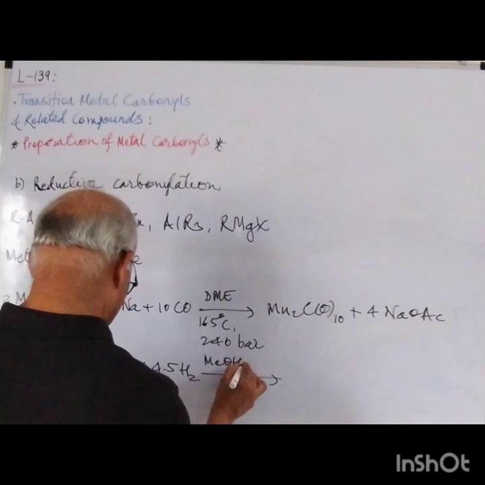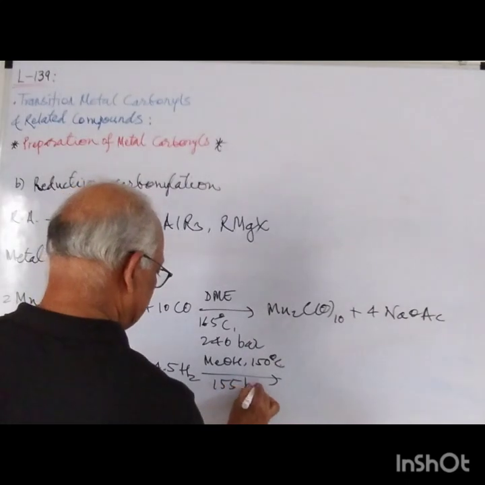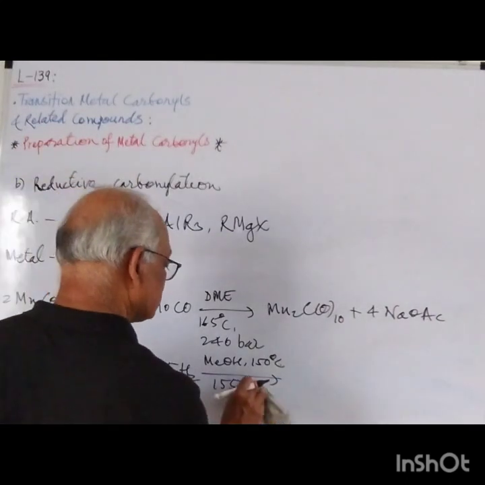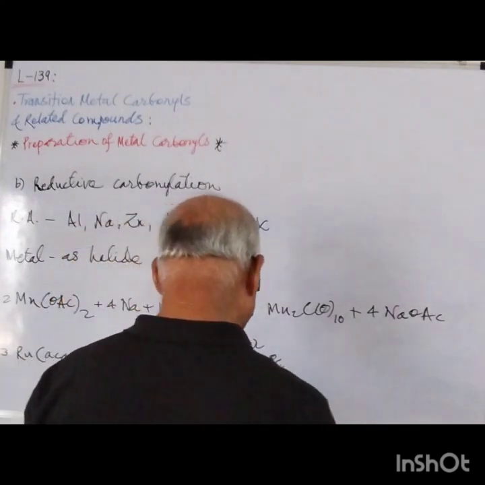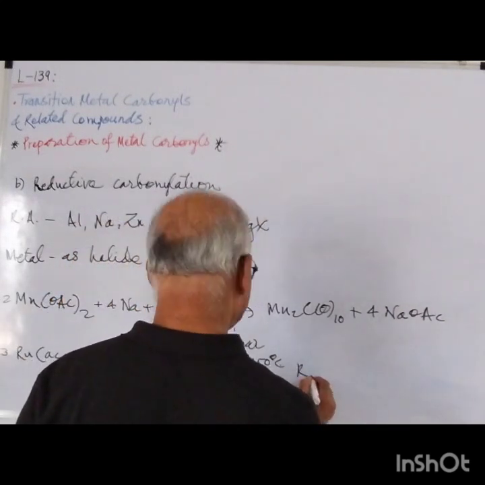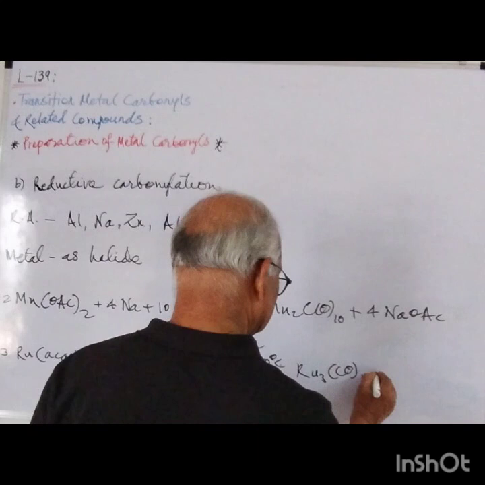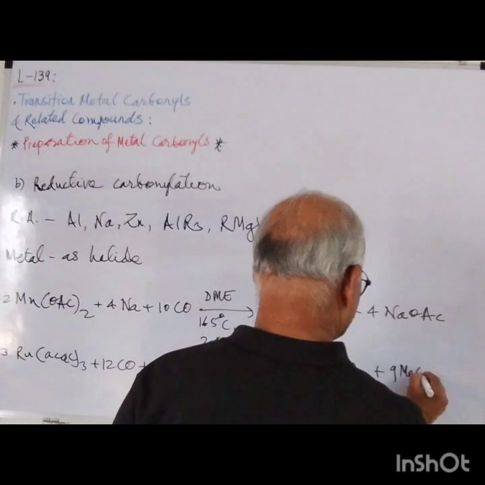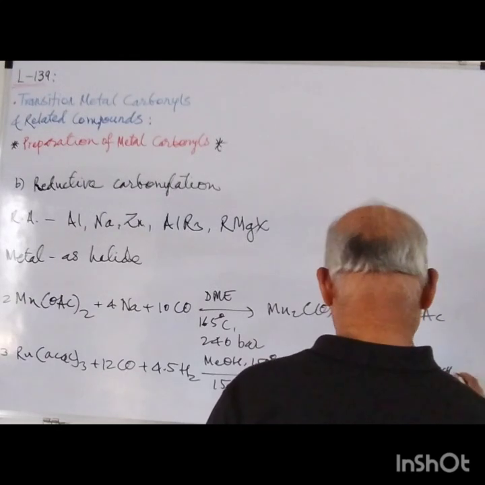Solvent is NaOH, 150 degrees centigrade temperature, 155 bar pressure. It will give the trinuclear product, that is Ru3CO12 plus 9 MeCOCH2COMe.